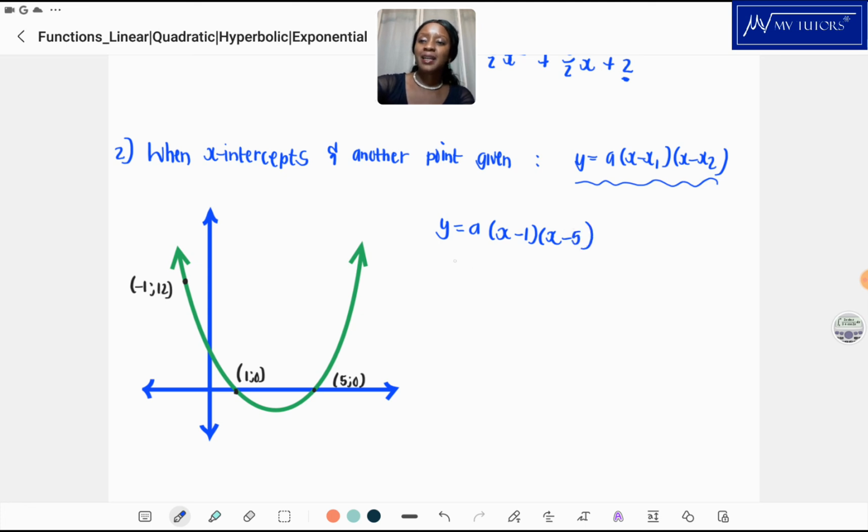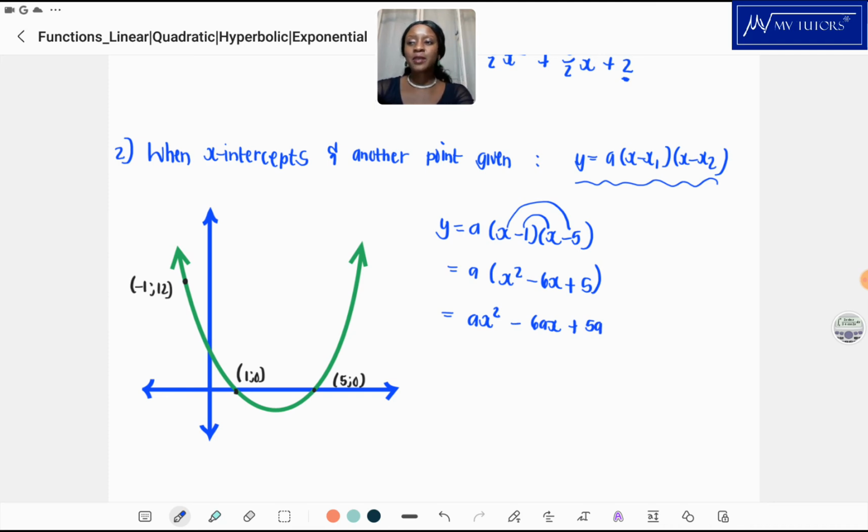All right, and I'm going to just multiply that out. So I'm going to have x squared, then I have minus x minus 5x, so that will give me minus 6x, and then I have a positive 5 over there. Okay, if I then multiply a throughout, this is what I get. And now what I can do is substitute in the point that was given.